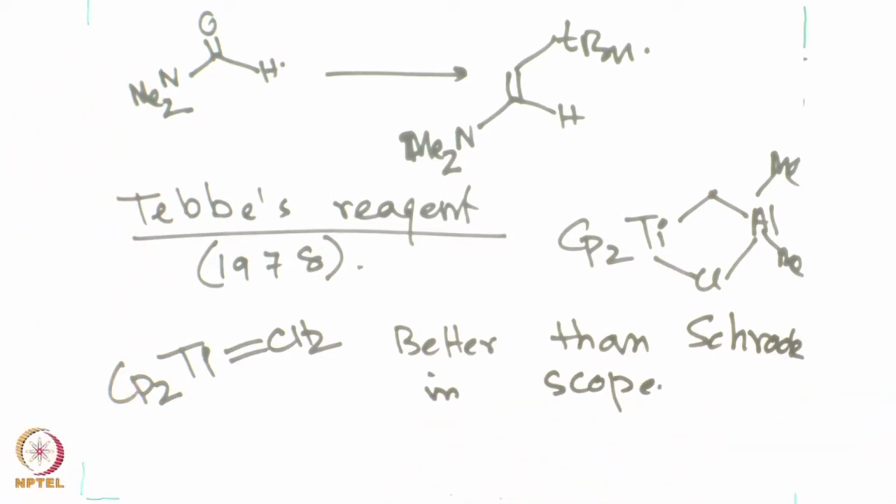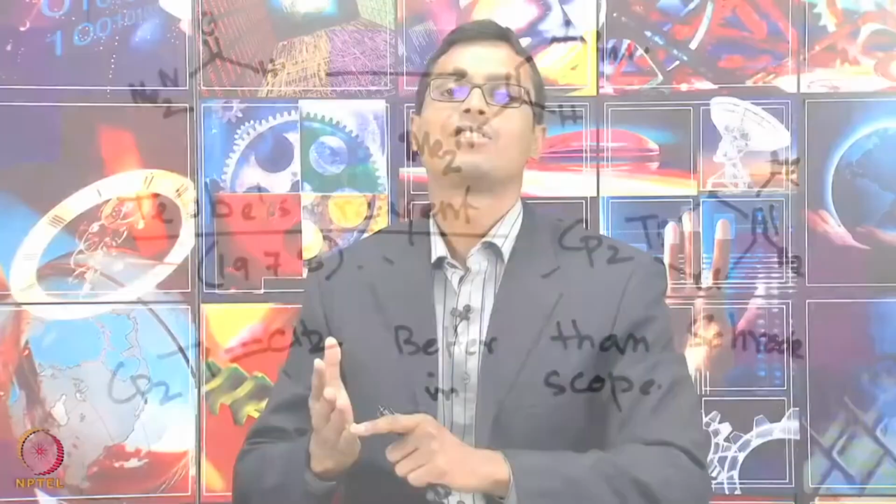So, by using Tebbe's reagent, one can react with aldehyde, ester, ketone, amide and whatever other functional group is incompatible with the Wittig reagent, and these can now be incorporated quite efficiently. Let us look at some examples by which Tebbe's reagent can be of great use.